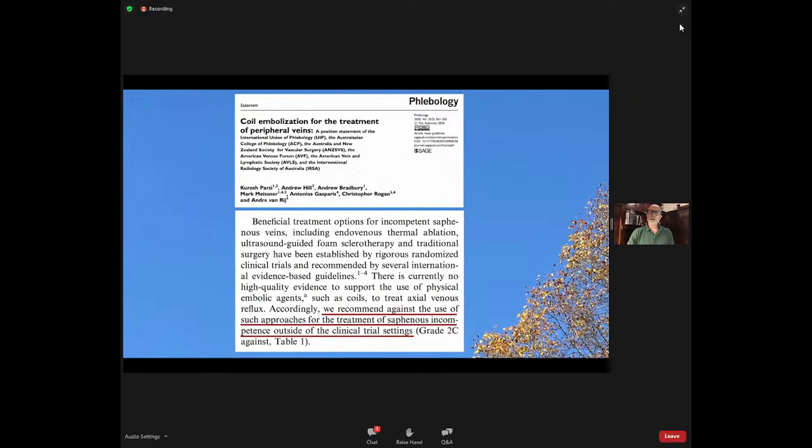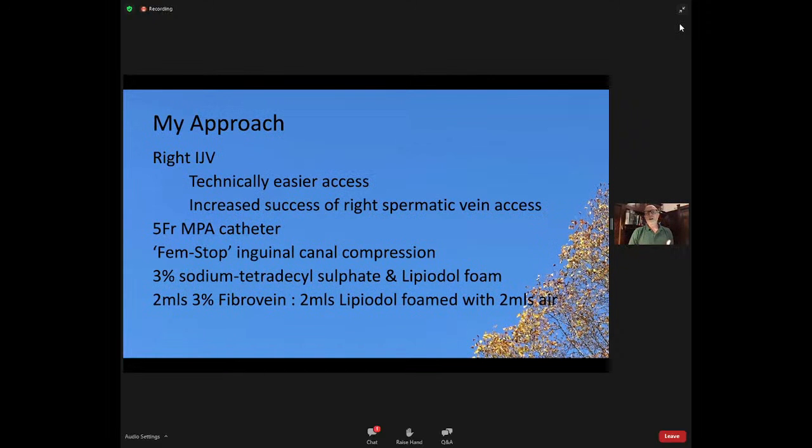So just to support our approach, we know that occlusion of veins with sclerotherapy is really well established with excellent outcomes across a wide range of venous territories. And so that's why we choose primarily sclerotherapy as our agent of choice.